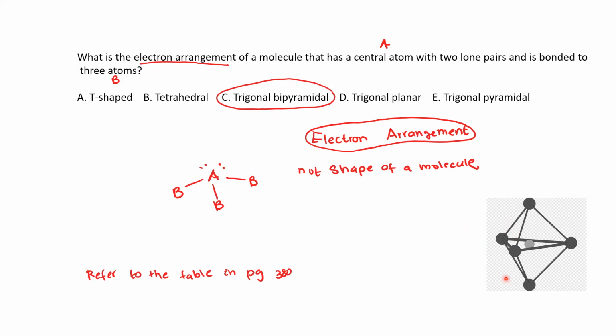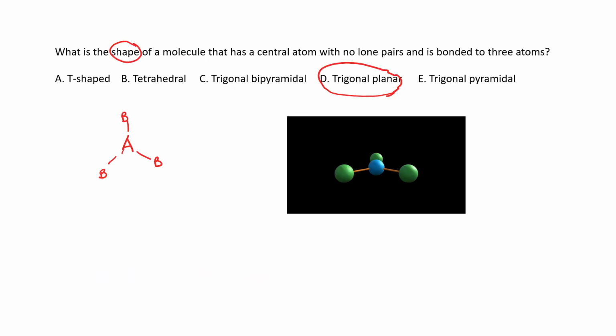Why do you call it trigonal bipyramidal? Because bi means 2, you have 2 pyramids and your base looks like a triangle. So that's why you call it trigonal bipyramidal. What is the shape of a molecule that has a central atom with no lone pairs and is bonded to 3 atoms?